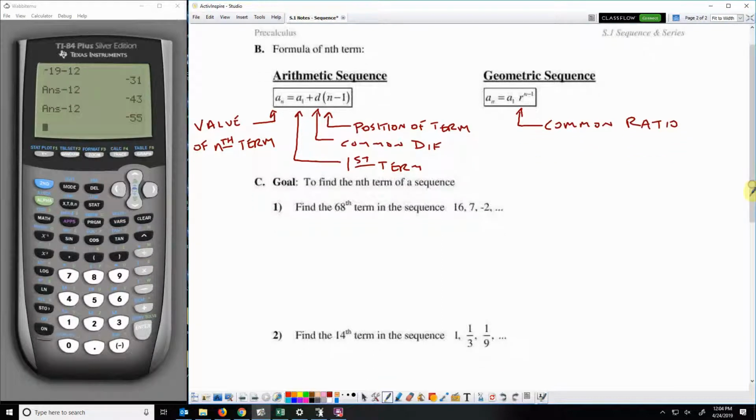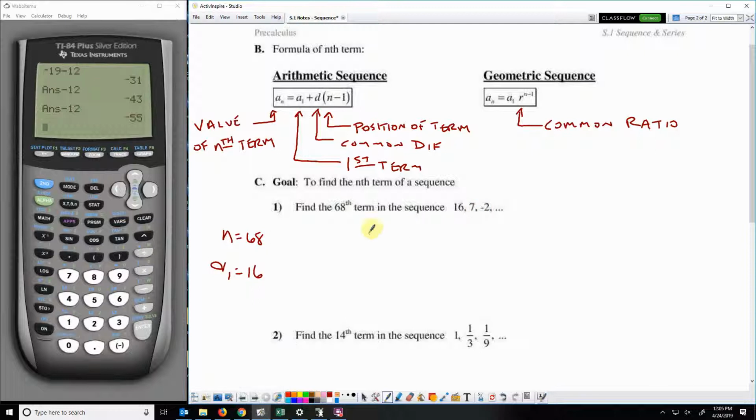So find the 68th term of this sequence: 16, 7, negative 2. So the 68th term, first that tells me n is 68. A sub 1, the first term, is 16. I have to decide if there's a common difference or a common ratio.